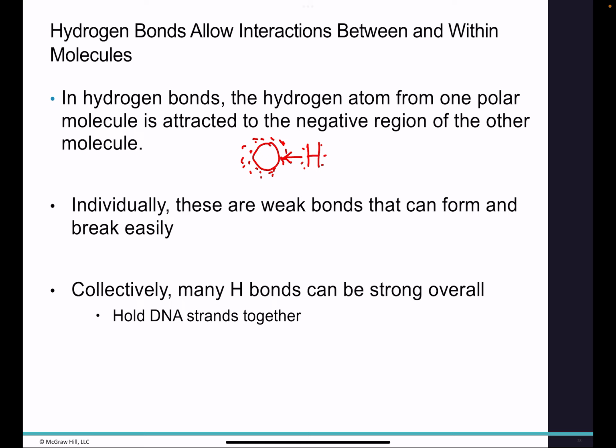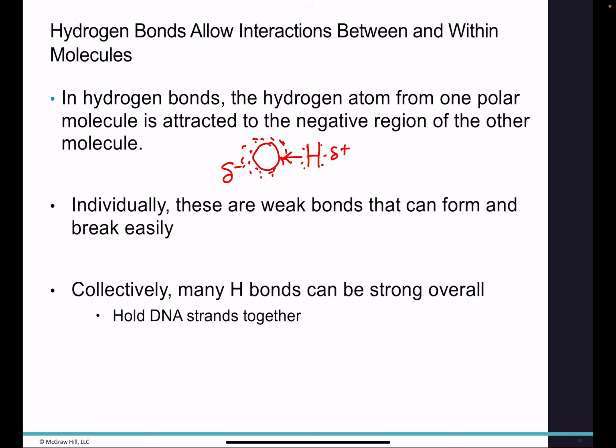And so what that does is create a region that is very strongly negatively charged and a region that is positively charged. Now, when two of these atoms are near to one another, the negatively charged region of one is going to be attracted to the positively charged region of another.